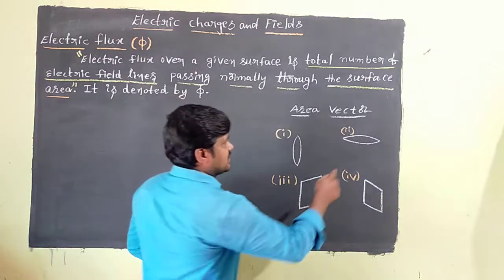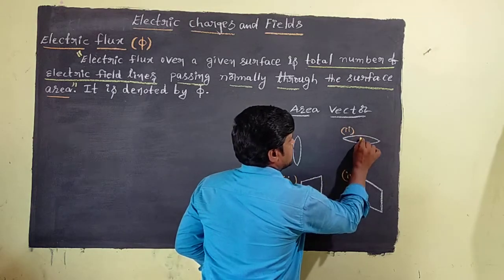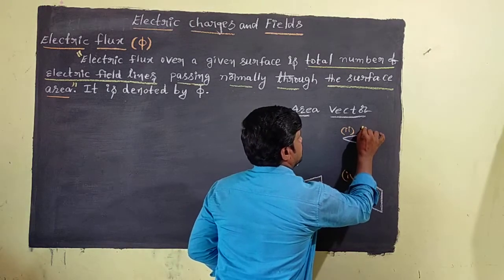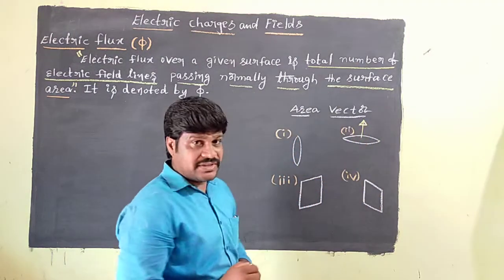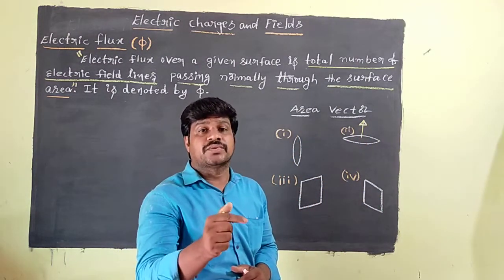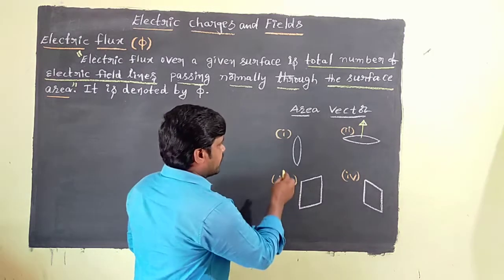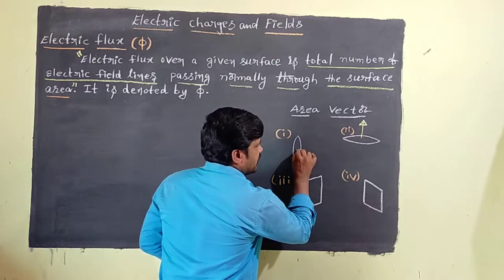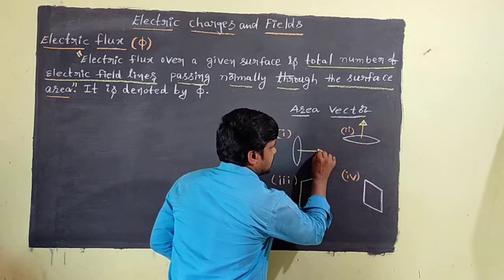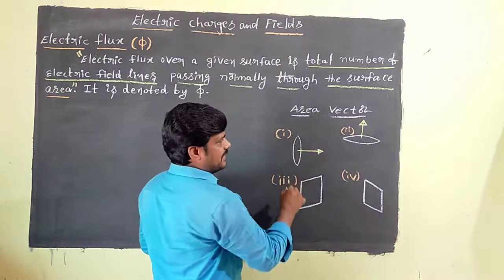For this surface, the area vector direction is normal to this surface, that means perpendicular to this surface.